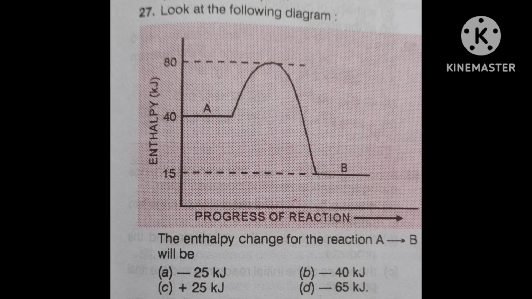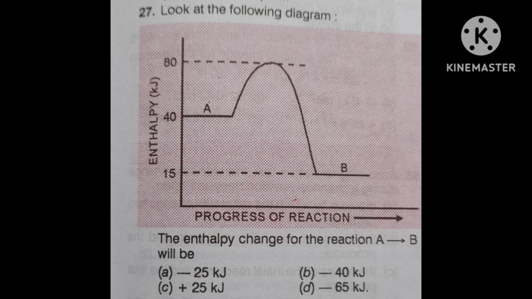By seeing the diagram, reactant enthalpy is 40 and product B enthalpy is 15. Product is less. Then you have to answer.